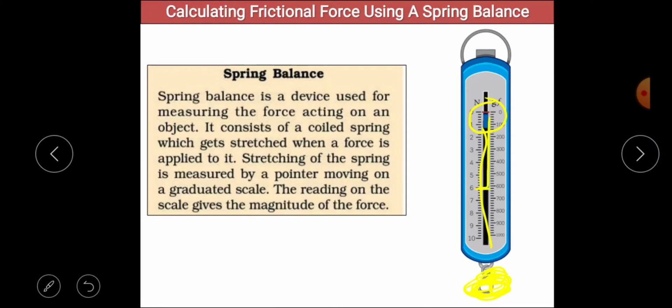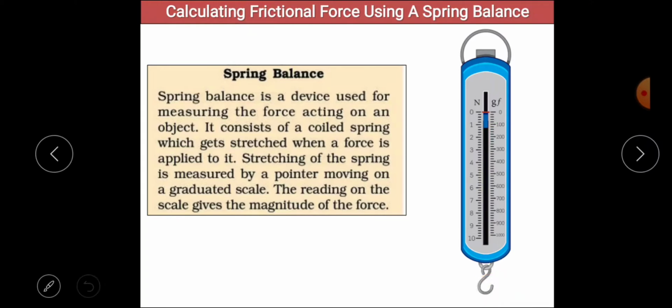Where it stops is the weight, or the magnitude of the force applied by that carry bag filled with sand. So let's say it stops here, then we will say the magnitude is 600. Okay, then if it is stopping here, then we will say 100.